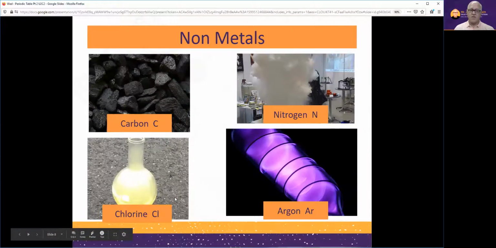It can also be a solid, it can also be a gas. Nitrogen. Nitrogen gas is used for a variety of things. In fact, nitrogen makes up the bulk of the air that we breathe. And then, of course, you have argon. Argon is one of those noble gases that's fully stable, but is used a lot for electrical lights and special kinds of equipment that use argon gas. It's totally inert.